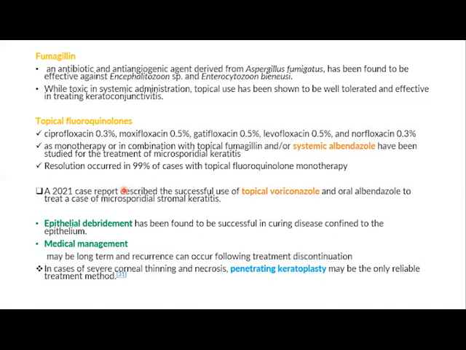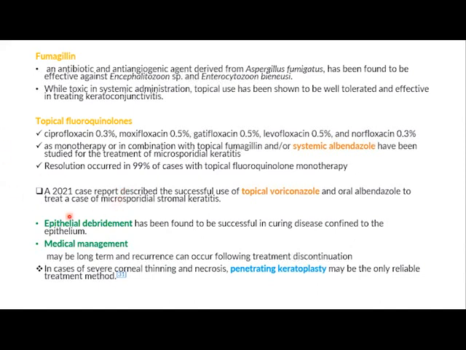Then topical fluoroquinolones like ciprofloxacin 0.3%, moxifloxacin, gatifloxacin, levofloxacin, and norfloxacin we can give as monotherapy or in combination with topical fumagillin or systemic albendazole. They have been studied for treatment of microsporidial keratitis, and resolution occurred in 99% of cases with topical fluoroquinolone monotherapy.